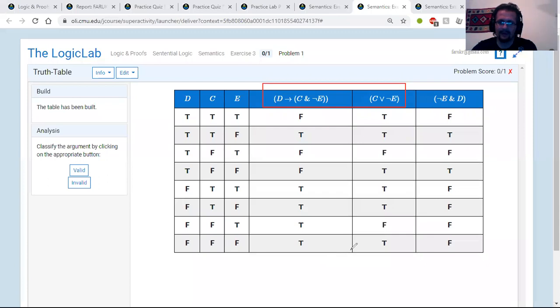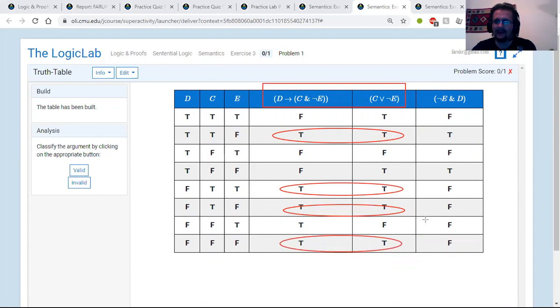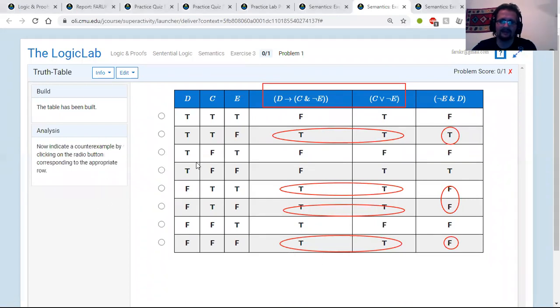So let's take a look at where that is. So they're both true here, and they're both true here, and they're both true here, and they're both true down here. Okay, so now you need the conclusion to also be true whenever both the premises are true. So this one checks out, but then none of these three do. So this is an invalid argument, meaning that your premises could be true, but your conclusion doesn't follow from them. So we'll tell you this is invalid.